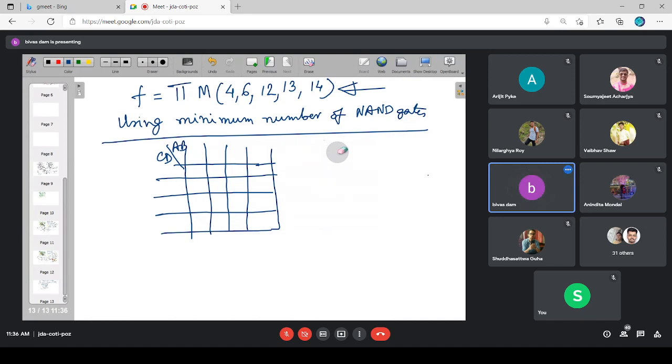So what I have is this function specified in this format, specifying for which input combinations the required output is 0. By the way, I forgot to mention that.